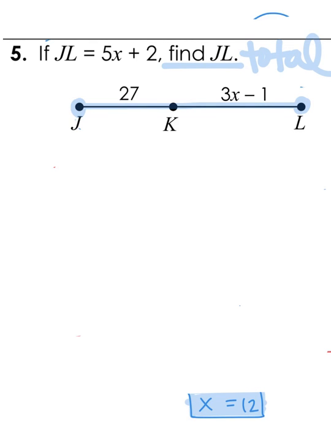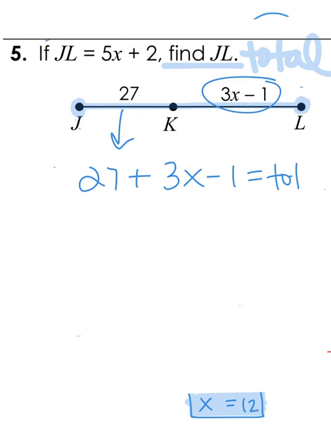So I know that this is 27. And I know if I add it to 3x minus 1, it'll give me the total. And now I know that x is 12, so I'm going to put a 12 in for x and rewrite everything else.